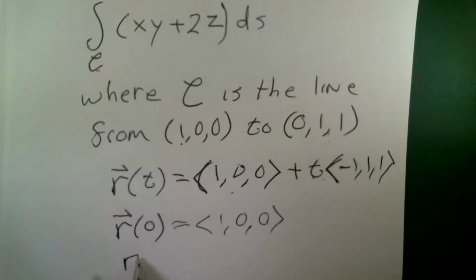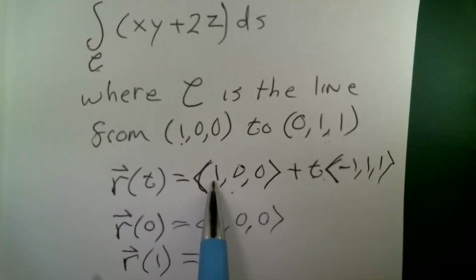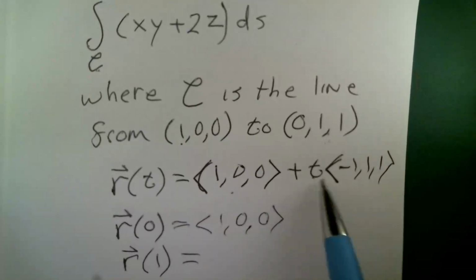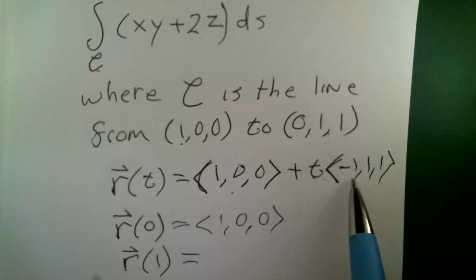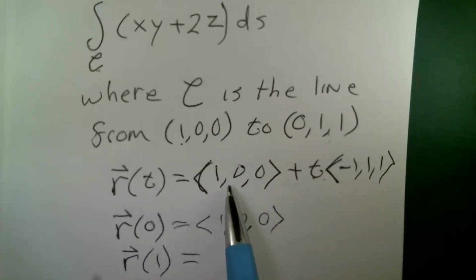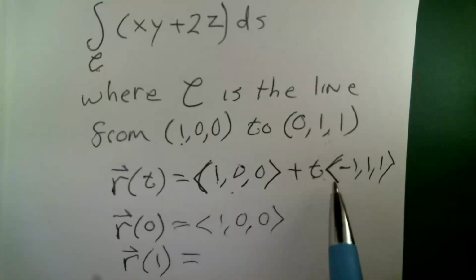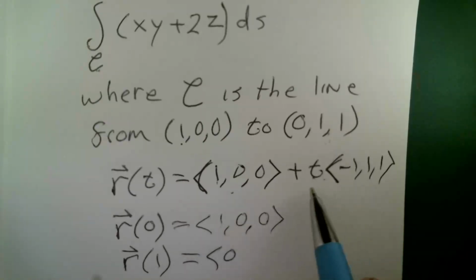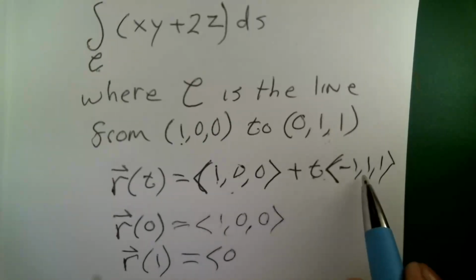What is r at 1? Well, (1, 0, 0) plus 1 times this thing. And when t is 1, we'll get in the x-coordinate 1 minus 1. That's 0. In the y-coordinate, it'll be 0 plus 1 times 1.